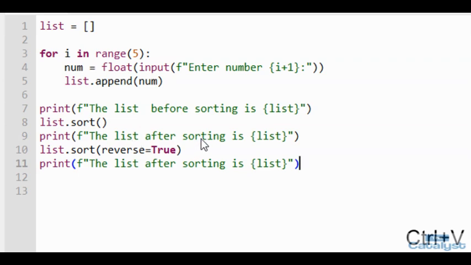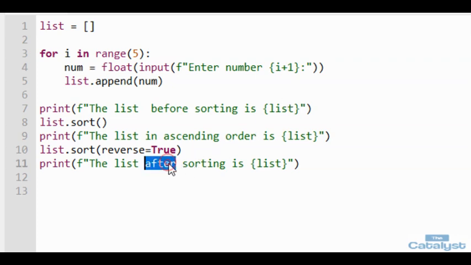So the list in ascending order is that, and then here we'll say the list in descending order is, so that is it.